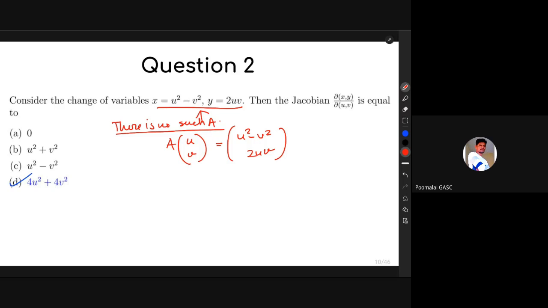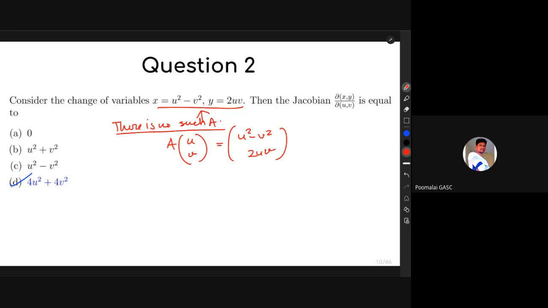Suppose, what is the use of change of variables? It changes the domain of integration.